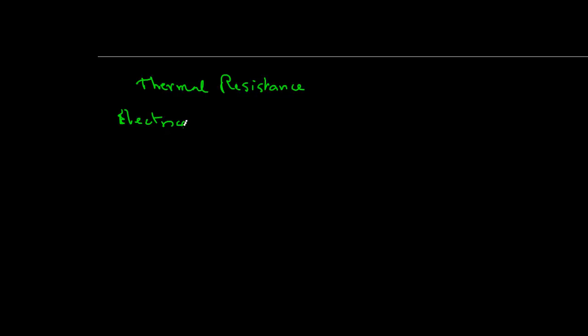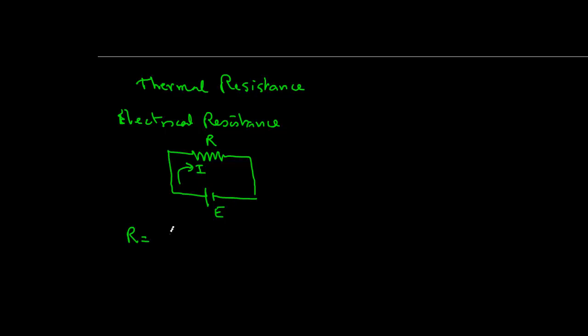Now you would have taken a course in physics where you would have discussed that in an electrical circuit the electrical resistance can be described as electric potential divided by current. E was the electric potential, I is the current.